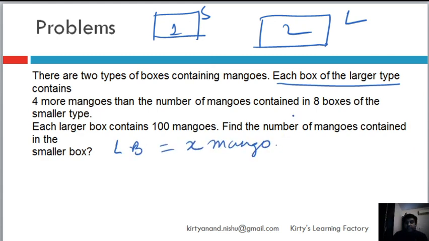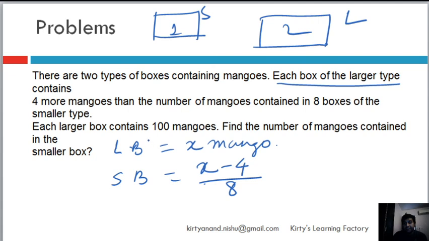Now I know that each box of the larger type contains 4 more than 8 boxes of the smaller type. So smaller box will have how many? First of all, each box of larger type, which is x, has 4 more mangoes. So I subtract 4. Contained in 8 boxes of the smaller type, which means I divide by 8. That will give me the answer.